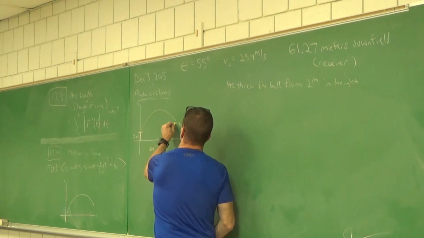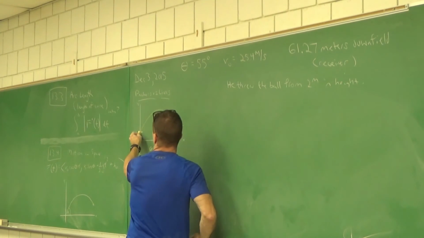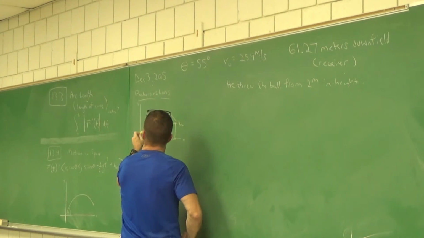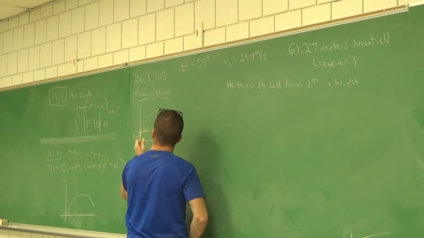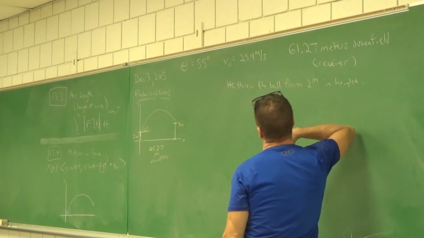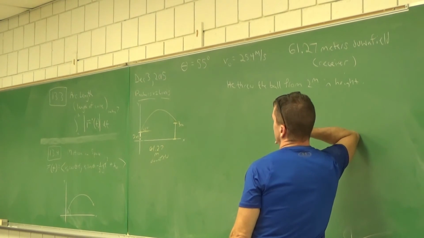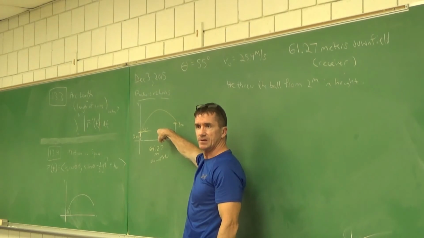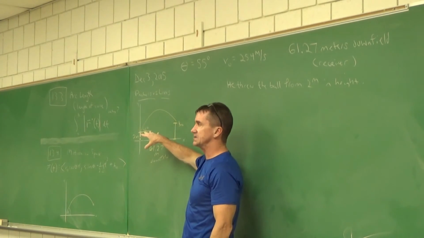All right. Aaron Rodgers is the quarterback, going to launch it from 2 meters. Angle is what? 55 degrees. Angle of elevation. Initial speed, 25.4 meters per second. Last pass of the game. The receiver can catch anything between 0 and 3 meters. So the question is, did he catch the ball?